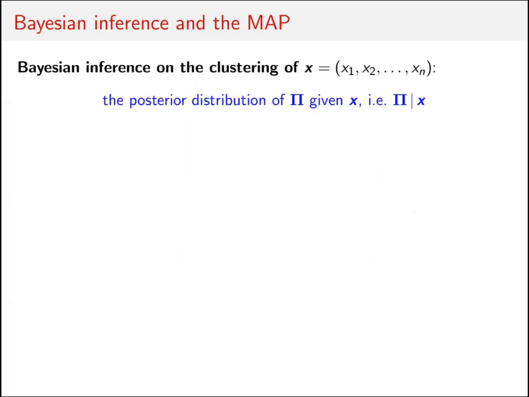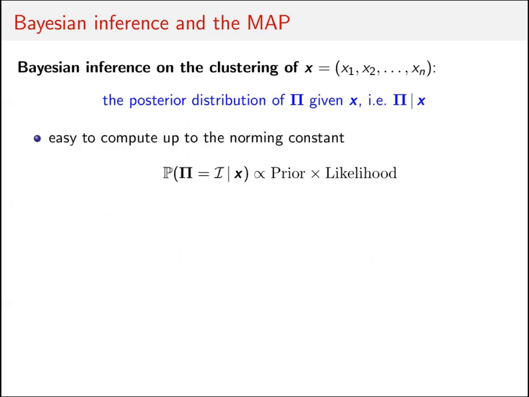Okay, so as in the Bayesian approach, we are interested in the posterior distribution in this discrete space of partitions given the observations. This conditional probability is proportional simply to the product of the prior weight and the likelihood.